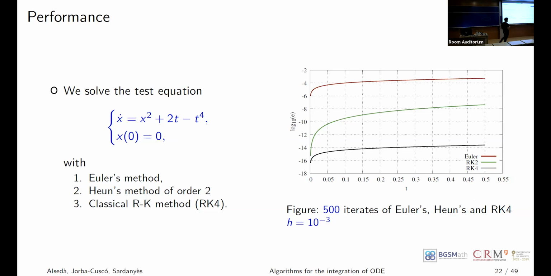And I would like to make you notice that these methods are overperforming here. I mean, the error here at the beginning is less than what I should expect, because the step size is 10 to the minus 6. And this one is going to more or less the accuracy I have in double precision, 10 to the minus 16. This is because the solution is very simple.